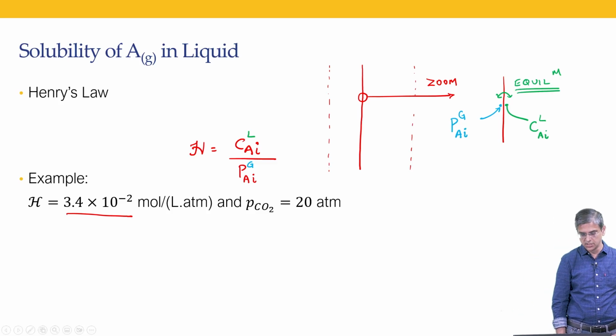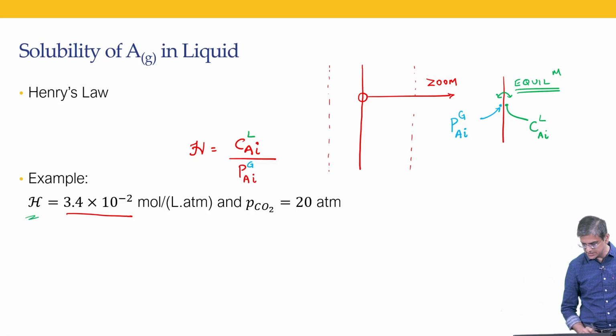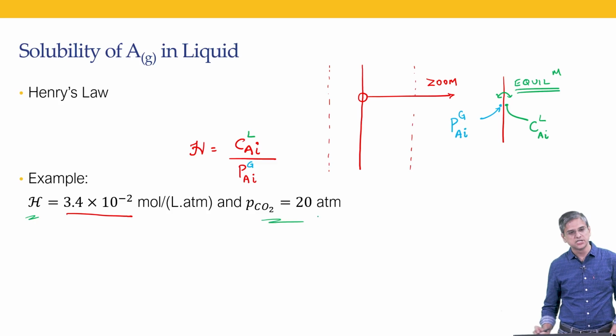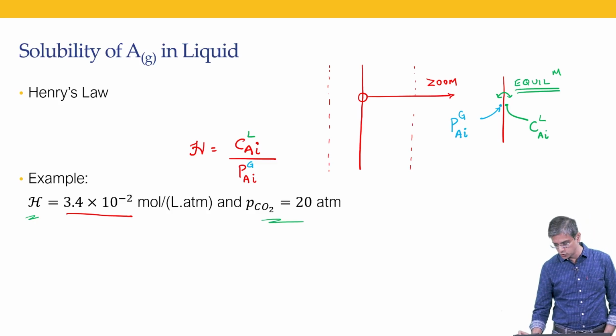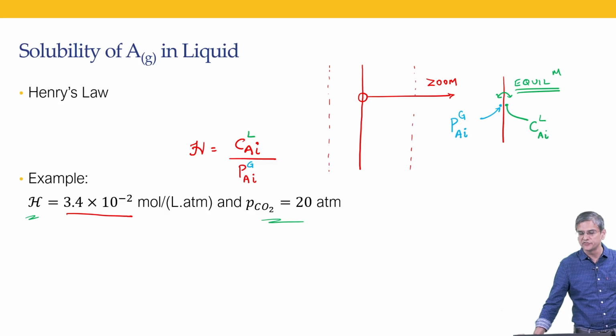So if this is the Henry's constant, and this is the partial pressure of CO2, can you calculate the concentration of CO2 in the liquid? Yeah, straightforward. H multiplied by P. That's all.